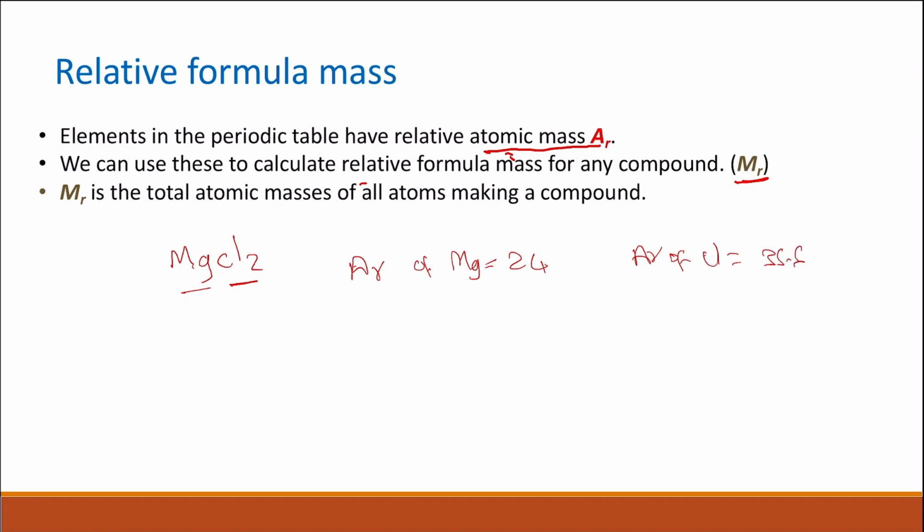So when we do our calculation, the Mr of magnesium chloride will equal the relative atomic mass of magnesium, which is 24, plus 2 times 35.5, because we have 2 chlorine in magnesium chloride. When you do your calculation, you're going to find that the relative formula mass of magnesium chloride is 95.